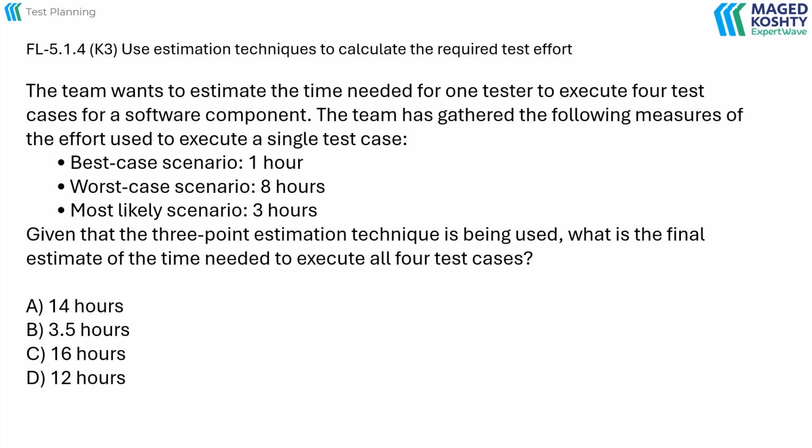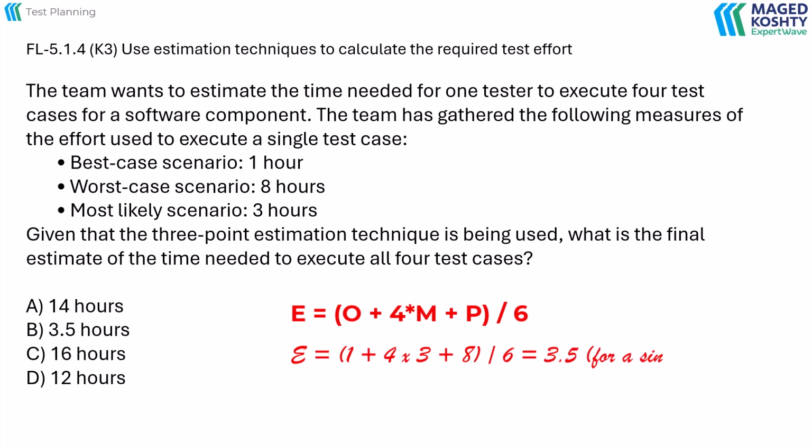Last question. Looks like another 3-point estimation technique question. We have the best case scenario, worst case scenario, and the most likely scenario estimates. The final estimate is 1 plus 3 multiplied by 4 plus 8, all divided by 6 equals 3.5. Okay, but don't fall into the trap of quickly picking option B as your final answer.